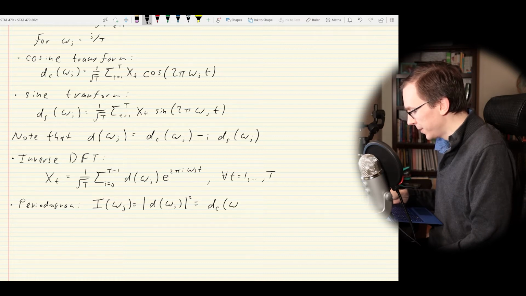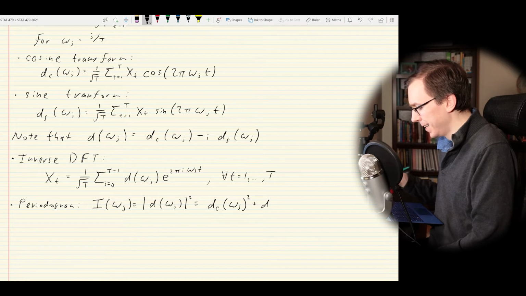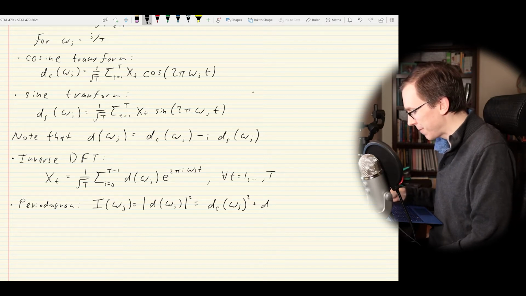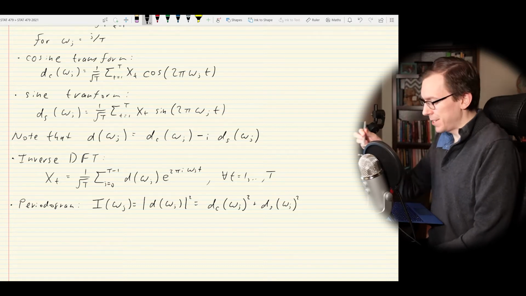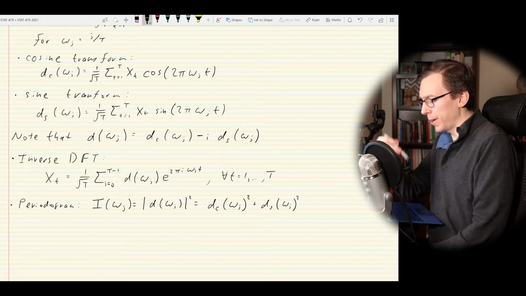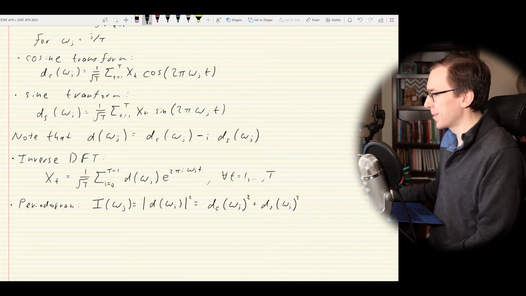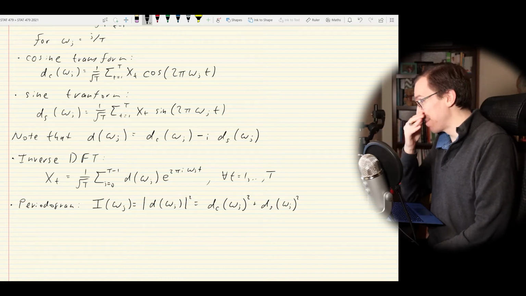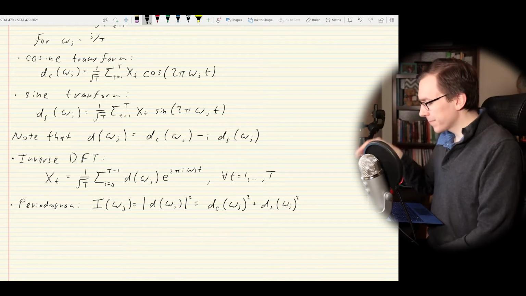Now these are real, that is, the cosine and the sine transform are real numbers, so I can drop the modulus or the absolute value bars on either side. And I can just say it's the squared cosine transform plus the squared sine transform. All of this follows from complex numbers.